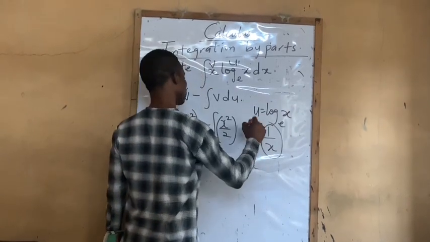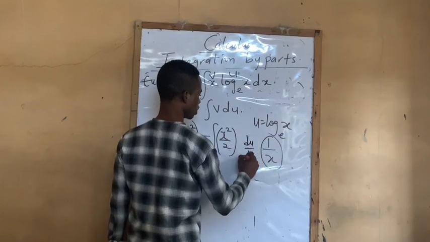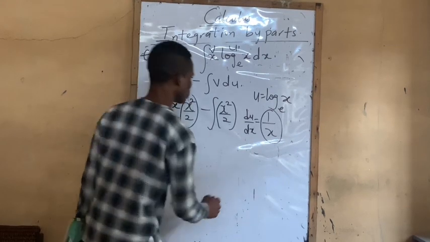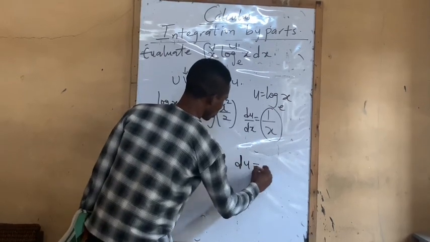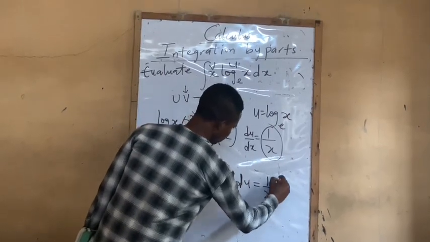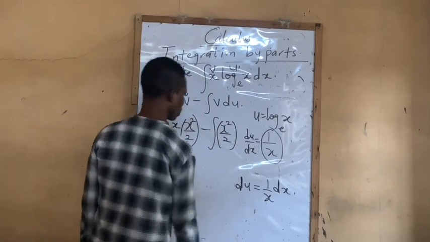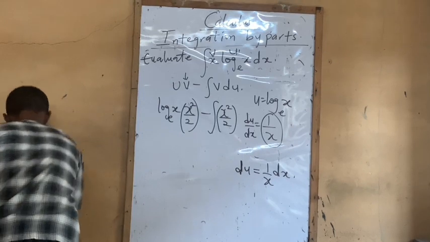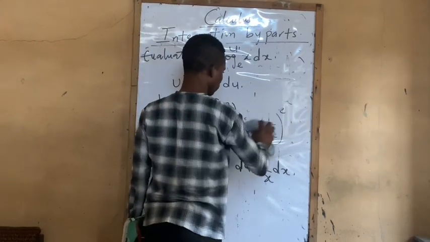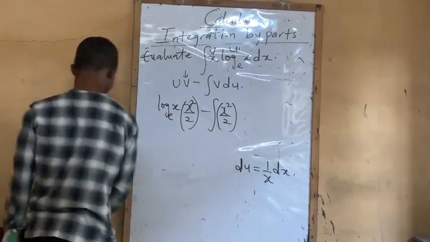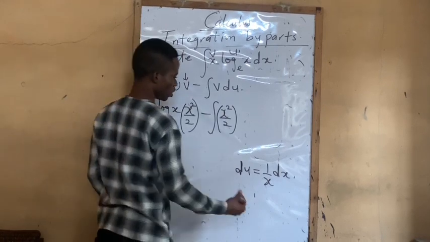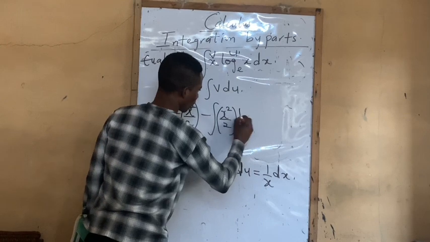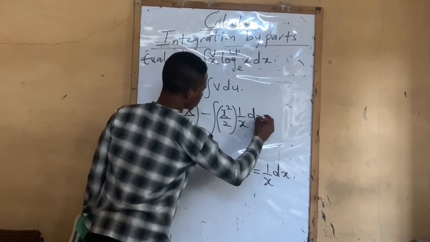That means my du dx will give me 1 all over x. So if I cross multiply, it will give me du equals 1 all over x dx. That is my du.